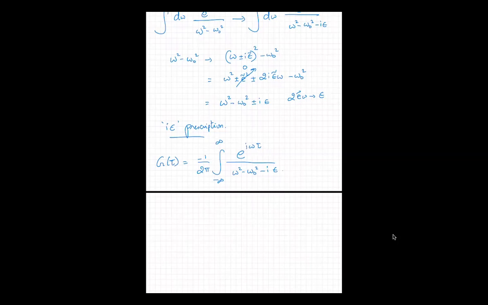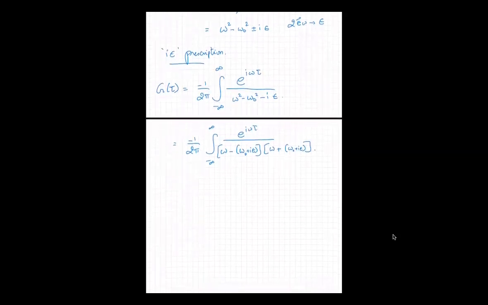So I can write this as minus 1 over 2 pi, and factor the denominator this way.